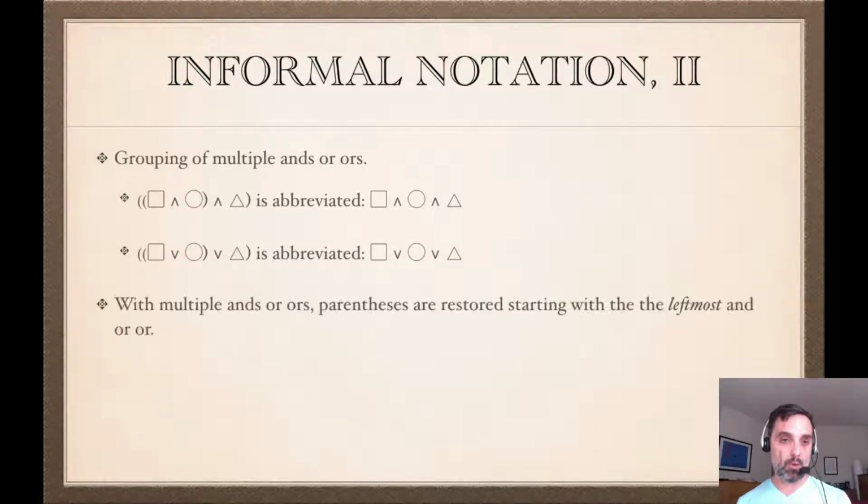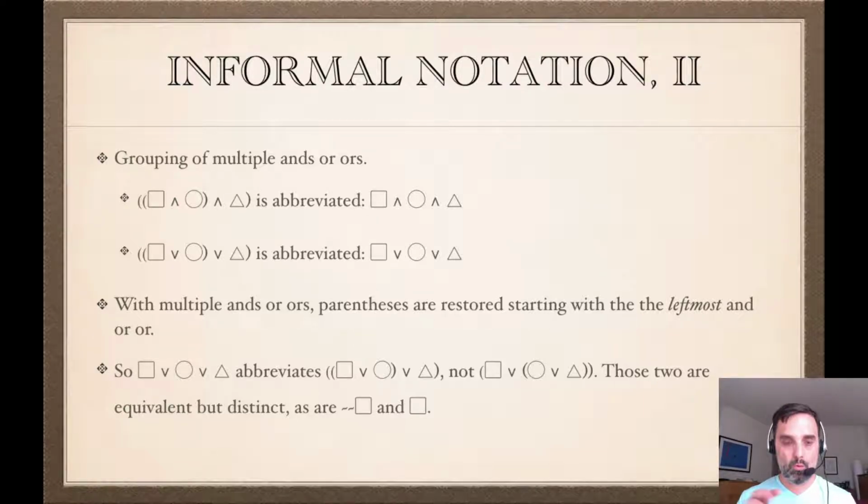And the same thing with or. What this means is if you see a string of conjunction symbols, then the parentheses come back starting on the leftmost and, not around the rightmost and. So we don't want any ambiguity here, and the reason there's no ambiguity is that the parentheses always go back around the leftmost side.